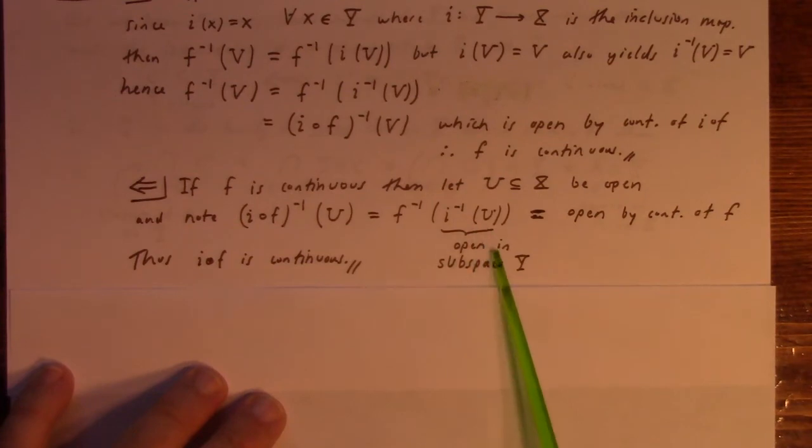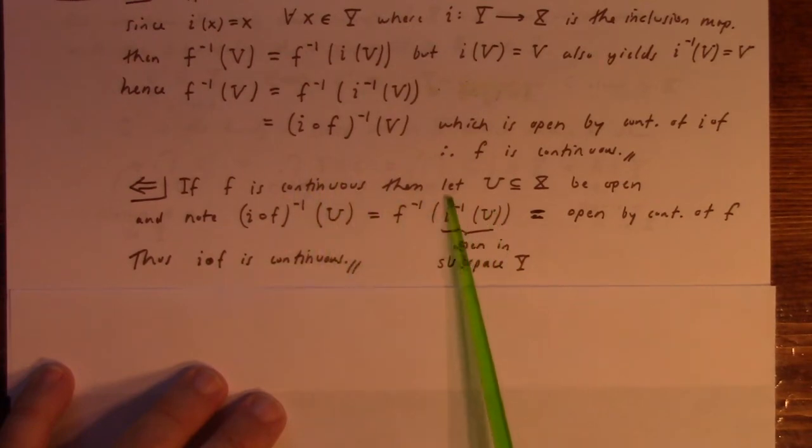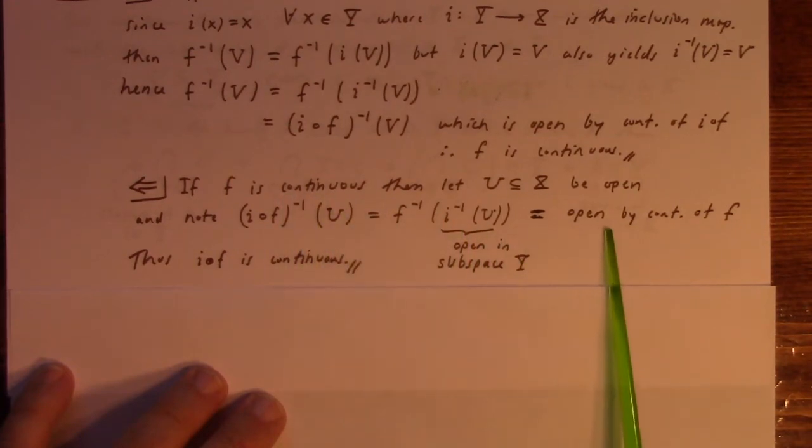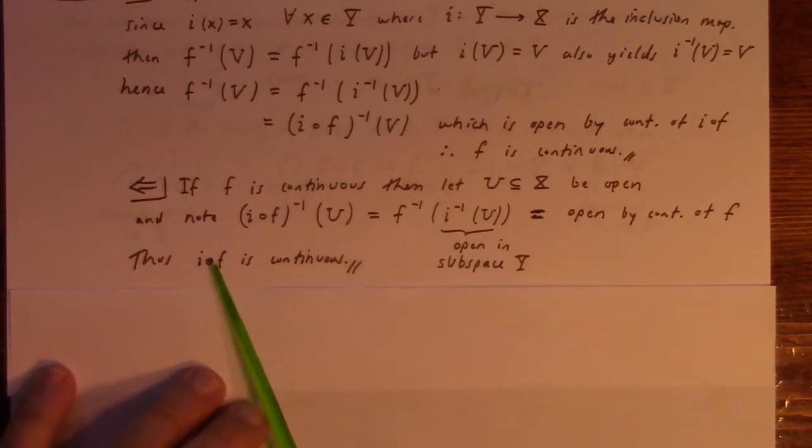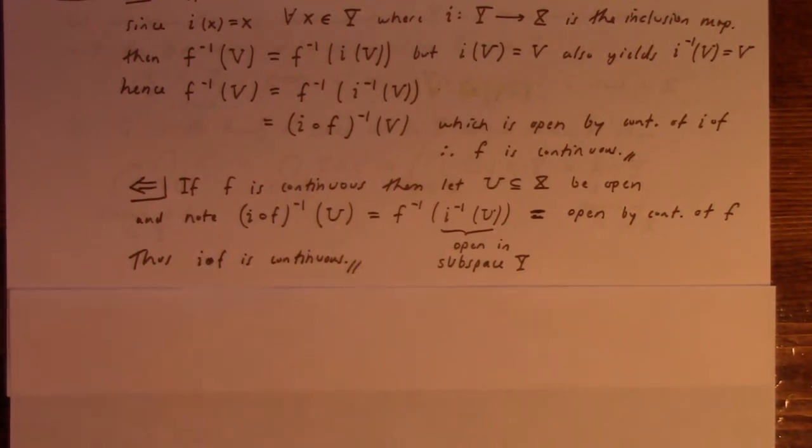And so that's open in subspace Y, but we're assuming f is continuous, so we have an inverse image of open, which is again open by continuity of f. So we have an open subset. So the inverse image of an open set is open. Therefore, the composite of I with f is continuous. So there you have it.